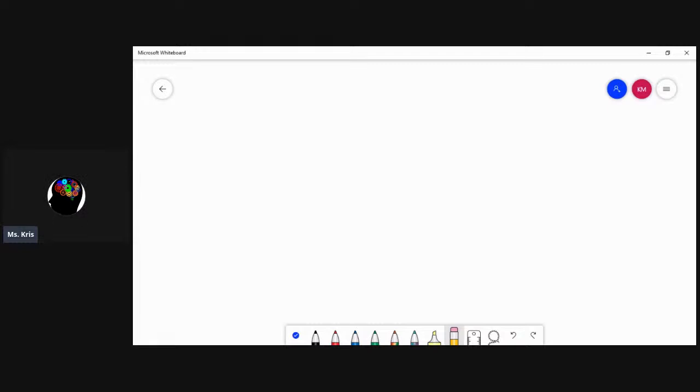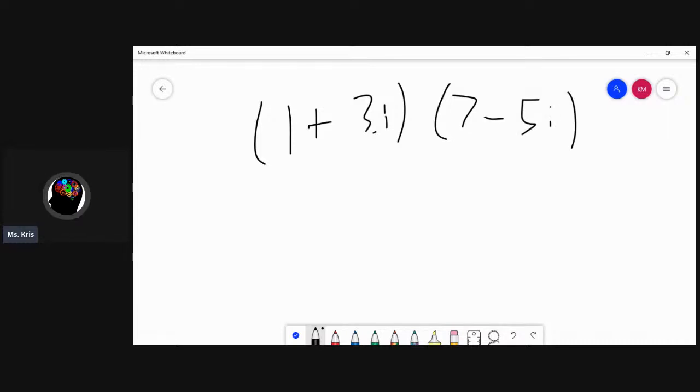All right. Multiplying complex numbers. Say, for instance, I have 1 plus 3i, and I multiply that by 7 minus 5i. Of course, you will do the FOIL method, which says first, 1 times 7, which is 7.